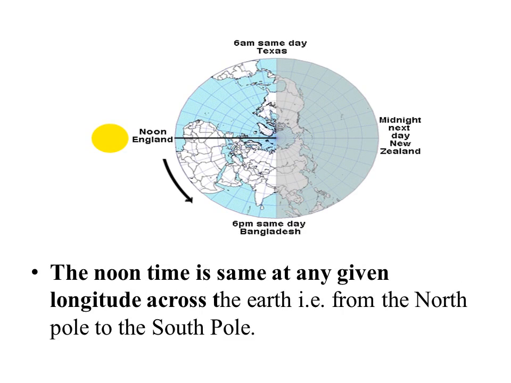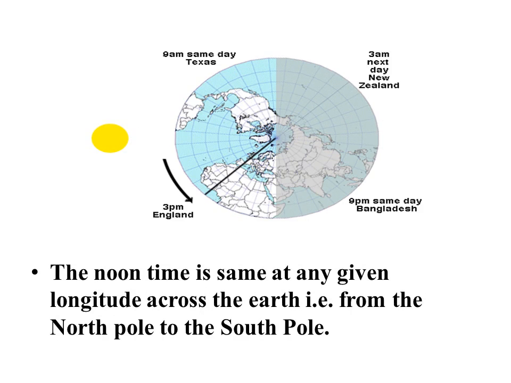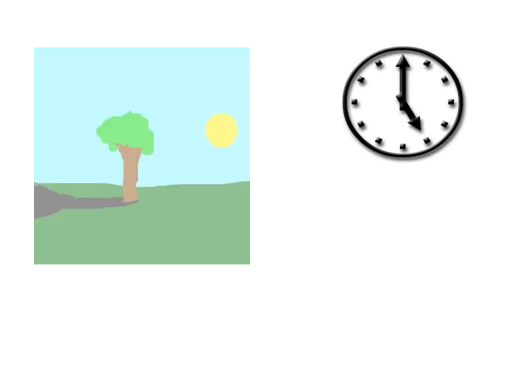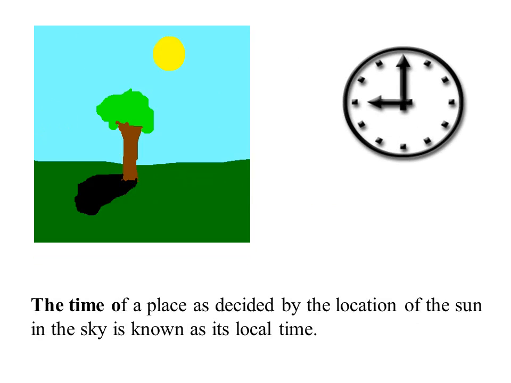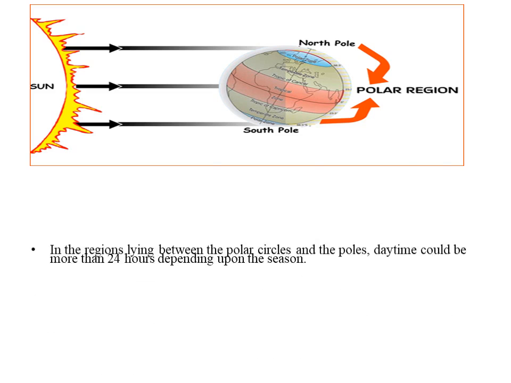The noon time is the same at any given longitude across the earth, for example, from the North Pole to the South Pole. The time of a place decided by the location of the sun in the sky is known as its local time.